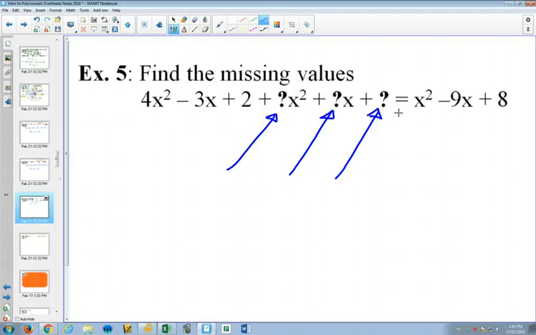Do we have any like terms here? What do we have that are like terms with the 4x squared? This one here, that's a question mark? Yeah. And those two together have to equal that one.